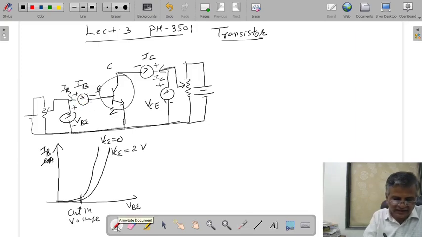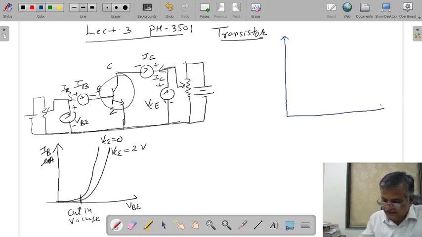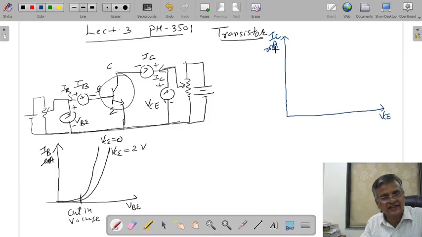So you will get such a graph, let us draw here. You are getting output characteristics. This is your VC, this is IC. Generally IC is of the order of milliampere, so it is better to write milliampere here. In the last lecture I have not shown milliampere here.